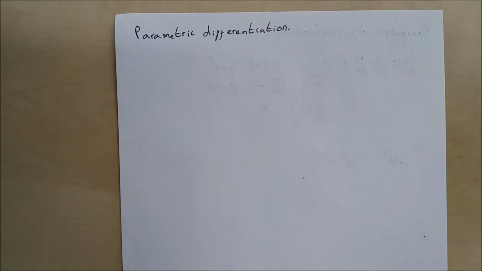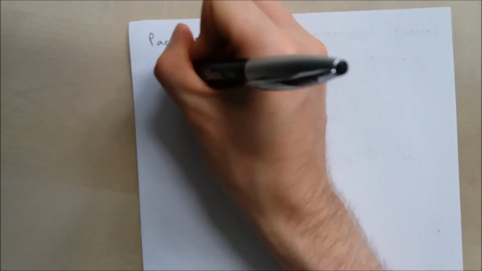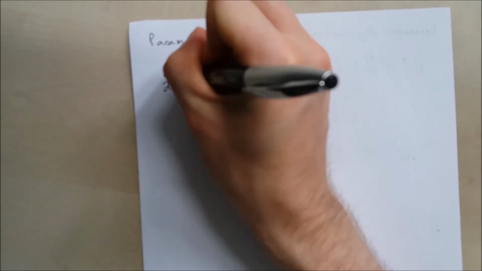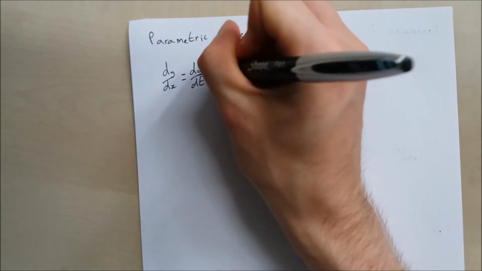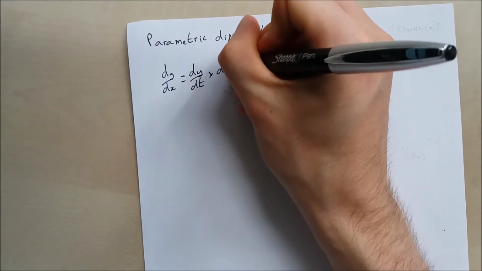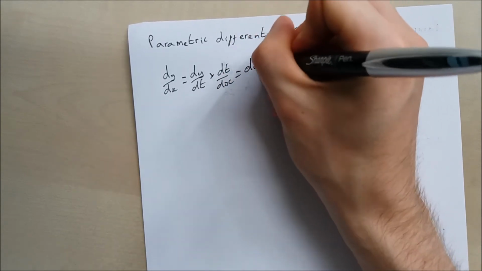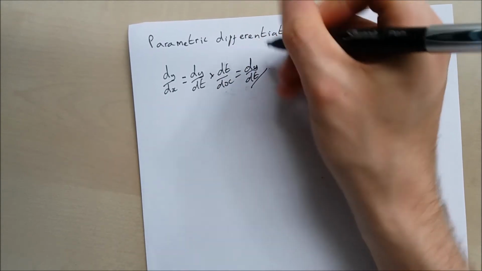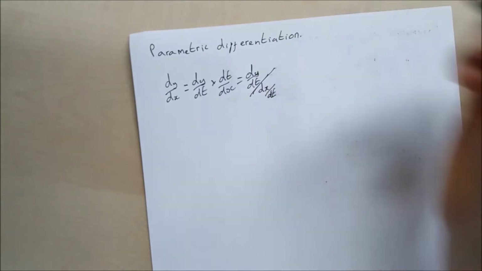You're also expected to be able to differentiate the Cartesian equation given two parts of the parametric equation. Before we do an example, the formula for dy/dx is dy/dt multiplied by dt/dx, but it may be easier to remember this as dy/dt divided by dx/dt.